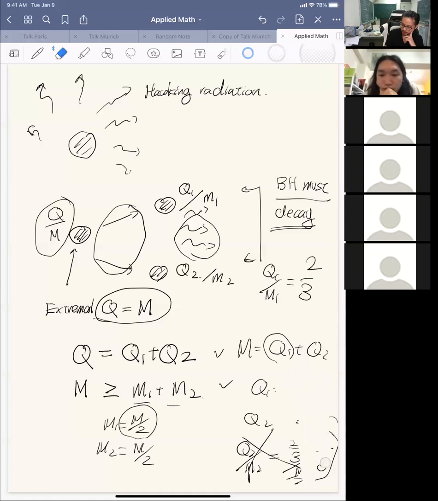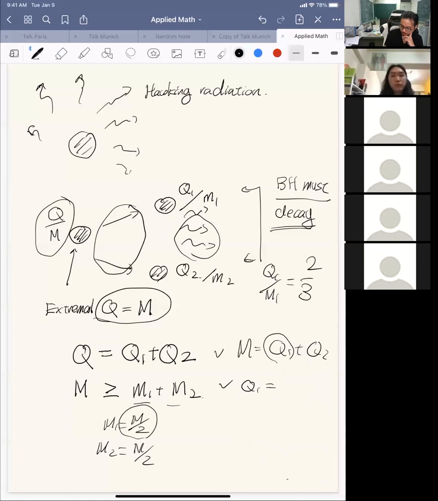So maybe you say, oh, but this is just because I've solved it very badly. So let's try something else. Maybe you can try Q1 equals, let's make the charge distribution a little bit more dramatic.